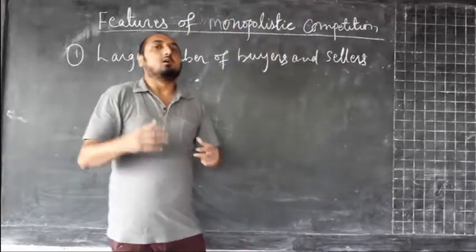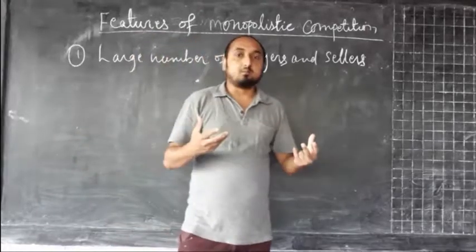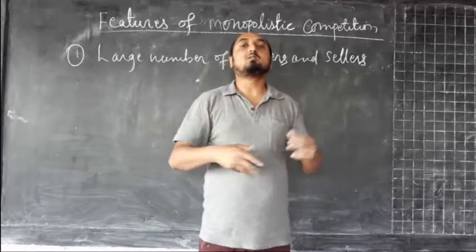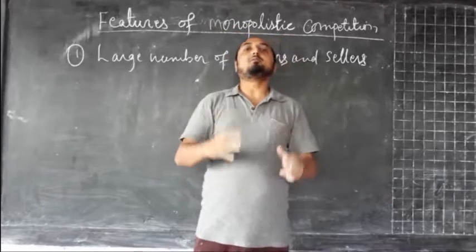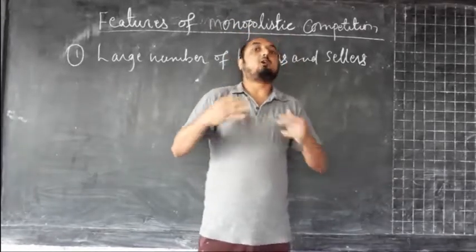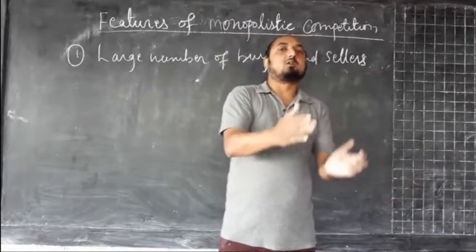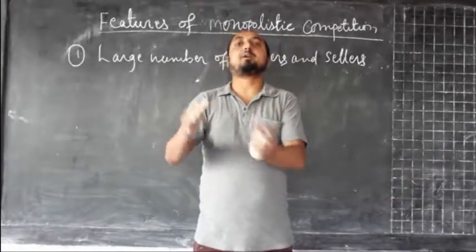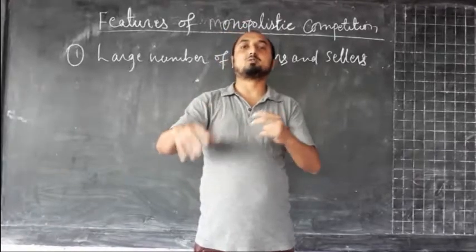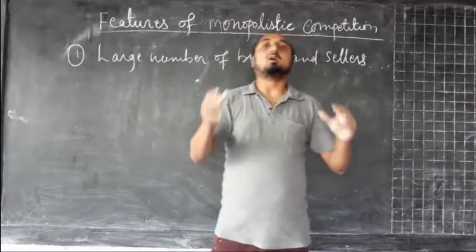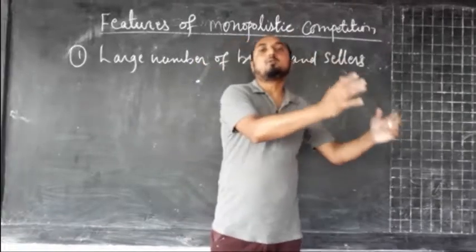Here the sellers or firms do not take the reaction of other firms into account. If some firm is increasing or decreasing the price, the rival firms or producers will not take that into account, and they are not influenced by the action of one firm.